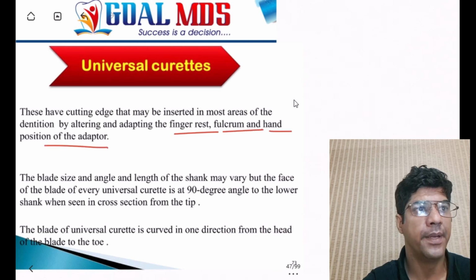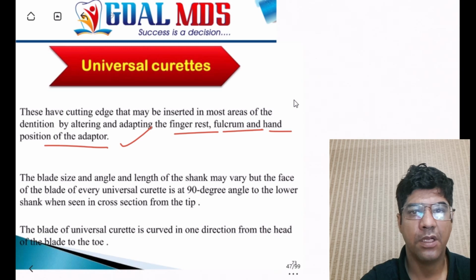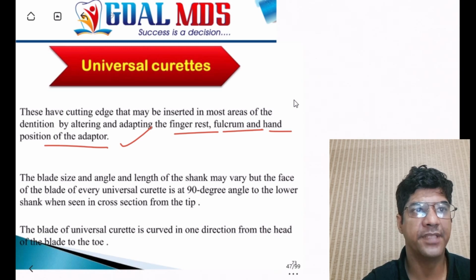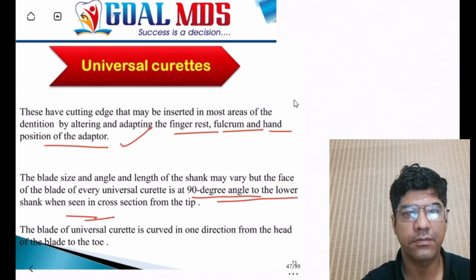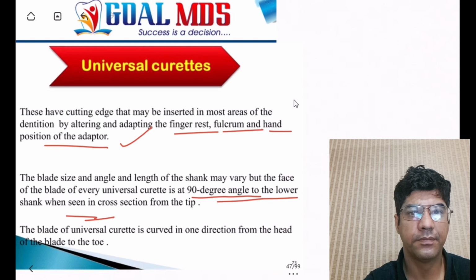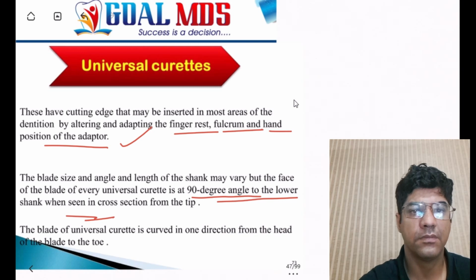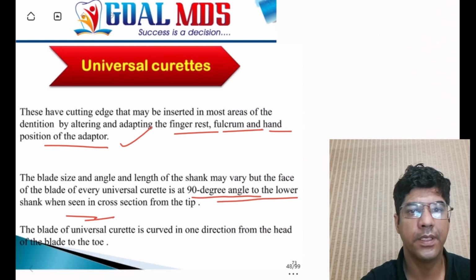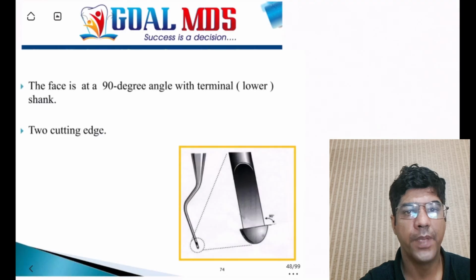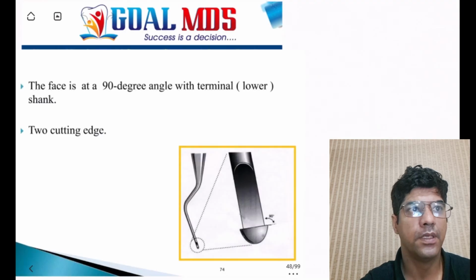The face of the blade of the universal curette is at a 90-degree angle to the lower shank. Examples of universal curettes include the Barnhart curette, Columbia curette, etc.